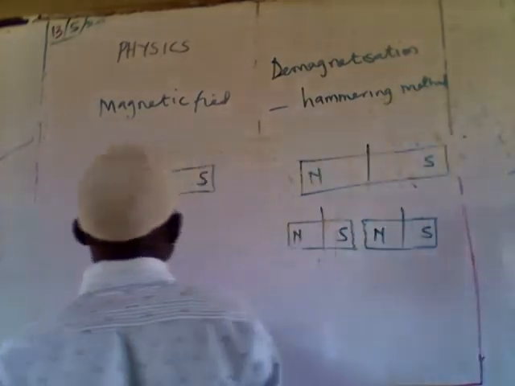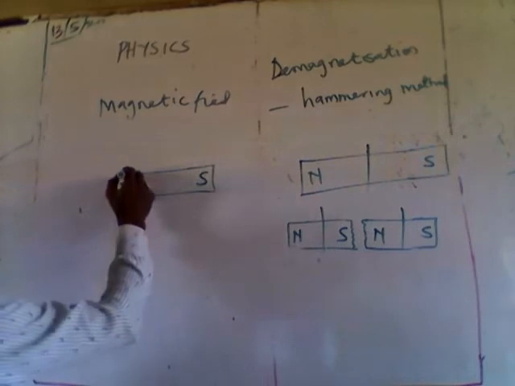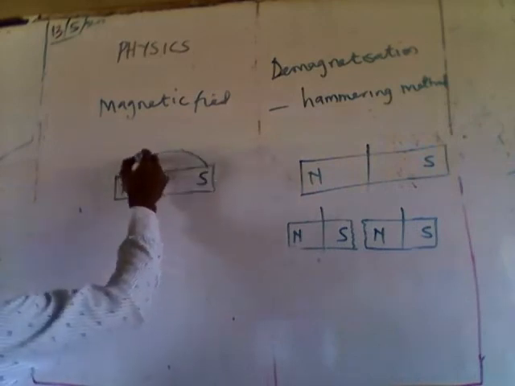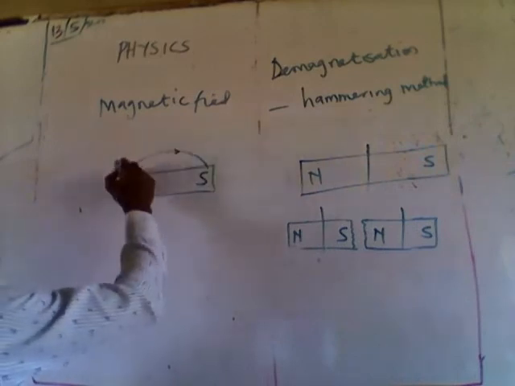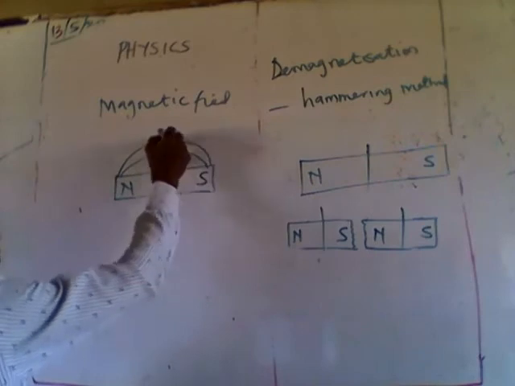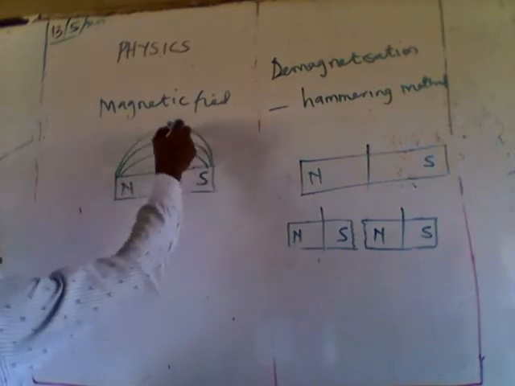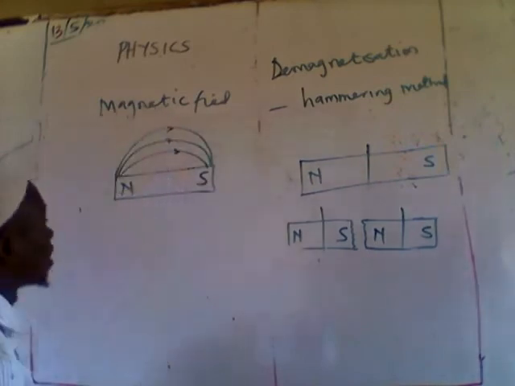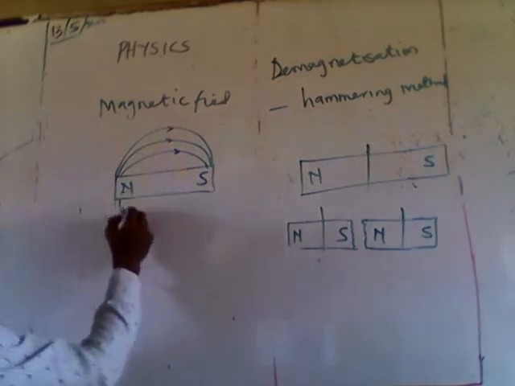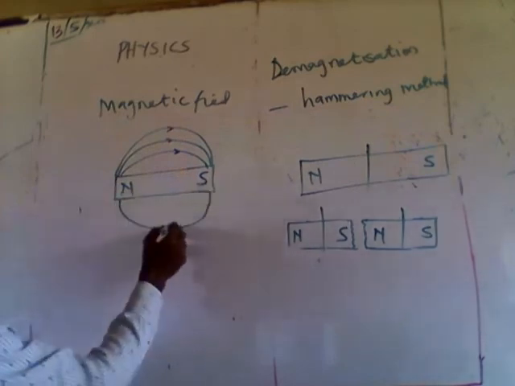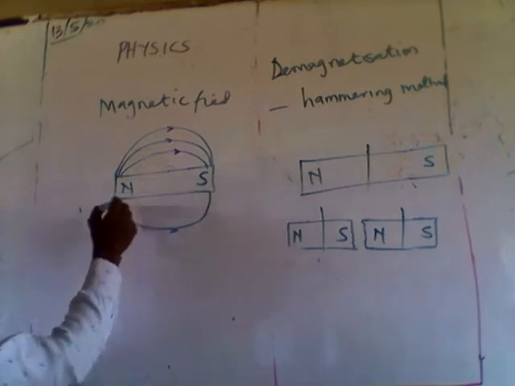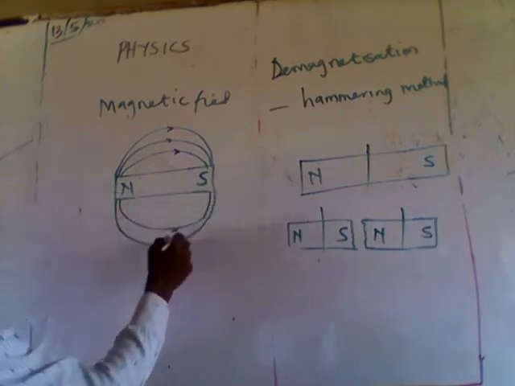That means magnetism moves from the north pole to the south pole, like this. So this is our magnetic field, and likewise at the other region, magnetism moves from one pole to the other.